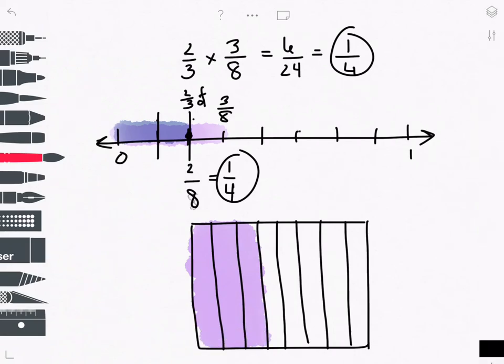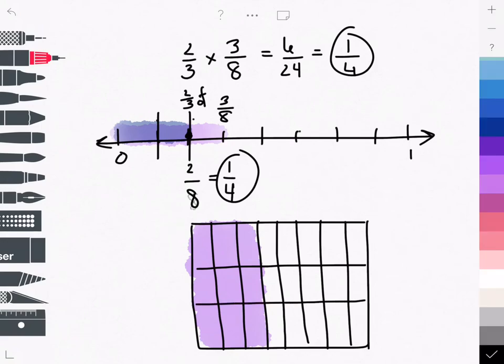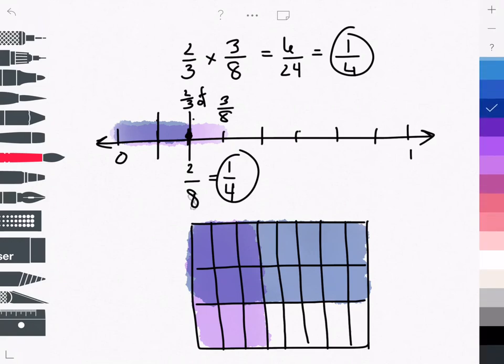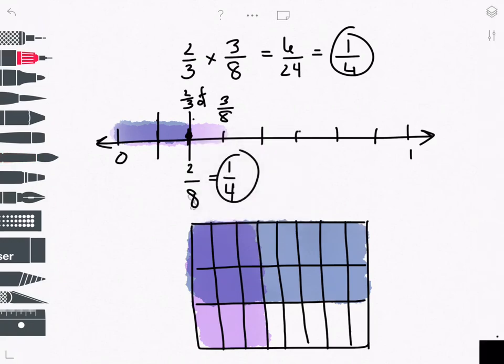And again, I'm looking for 2/3 of 3/8, so I will segment this rectangle into thirds, and now highlight 2 of those thirds. So here's 1/3 and 2/3, and I can see this area of overlap represents my product.